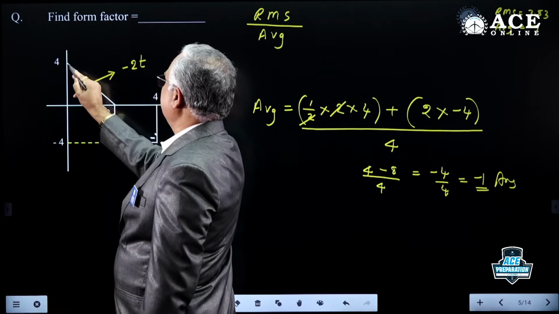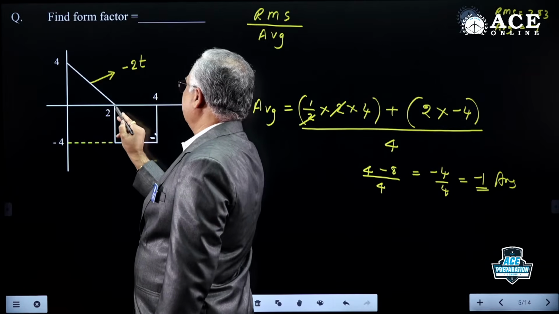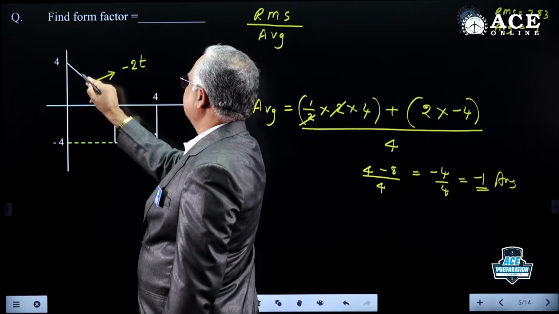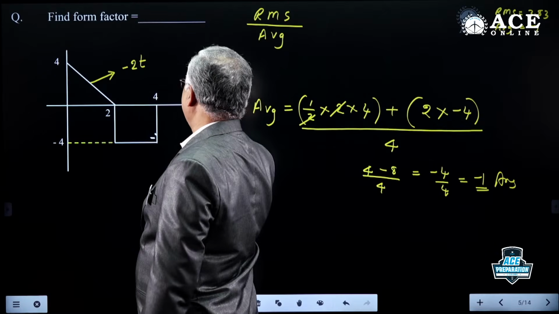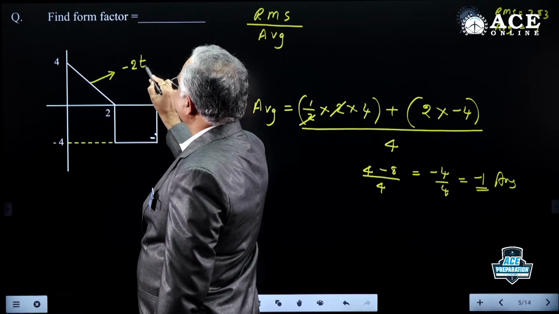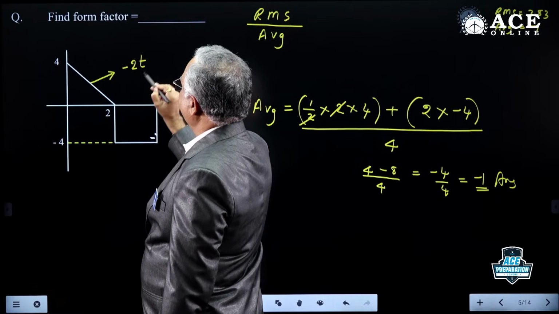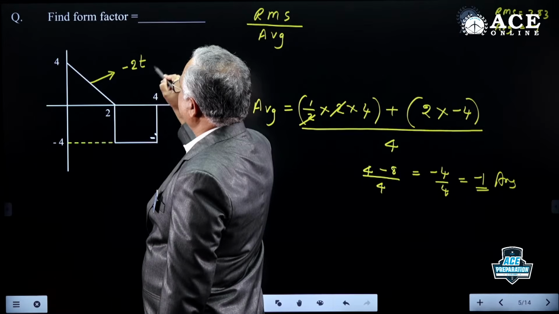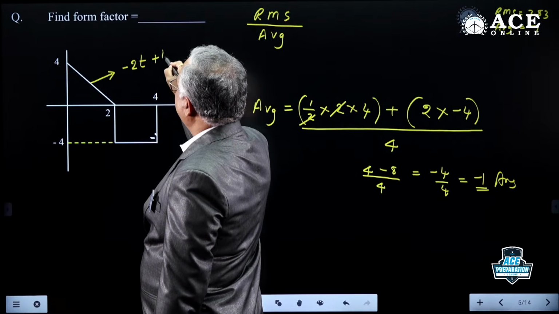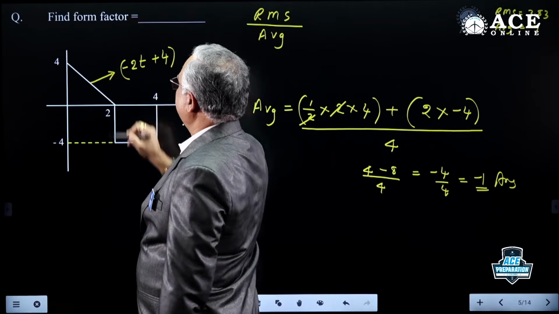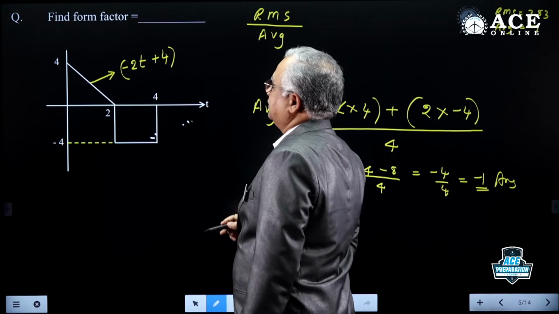This line is giving 0 value at t equal to 2. If you replace t with 2, it becomes minus 4, but what we should get is 0. So add plus 4.